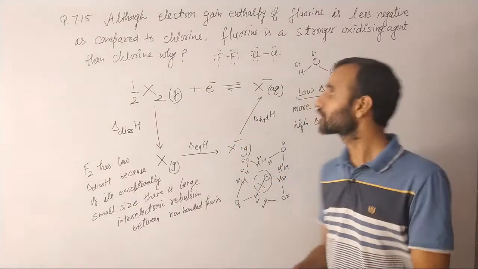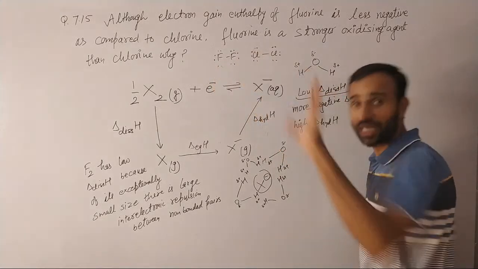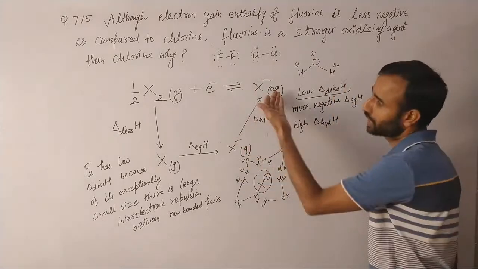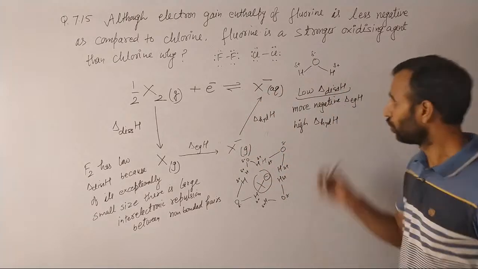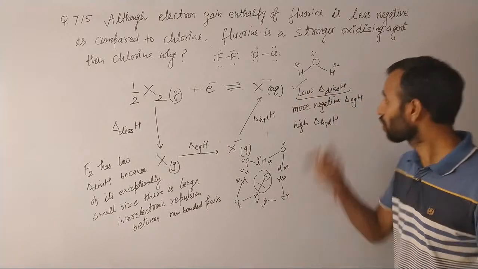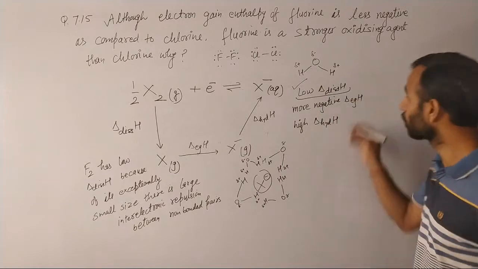That's why the bond dissociation enthalpy of fluorine is less than that of chlorine. So this factor is in favor of this reaction. So low bond dissociation enthalpy favors fluorine. Now come to electron gain enthalpy. So the electron gain enthalpy of chlorine is more.